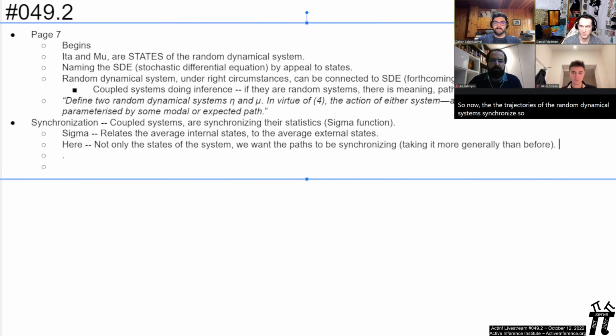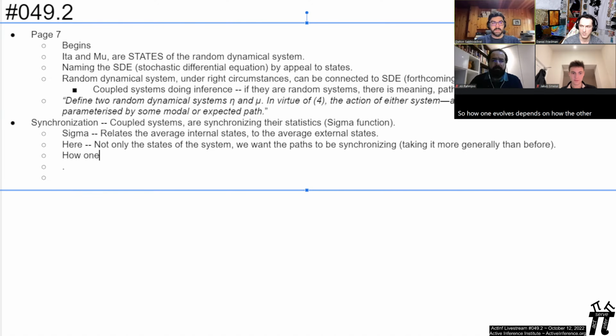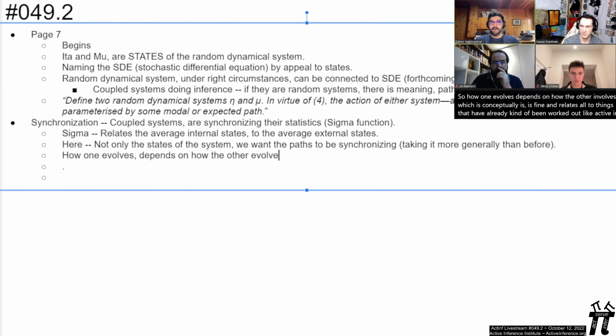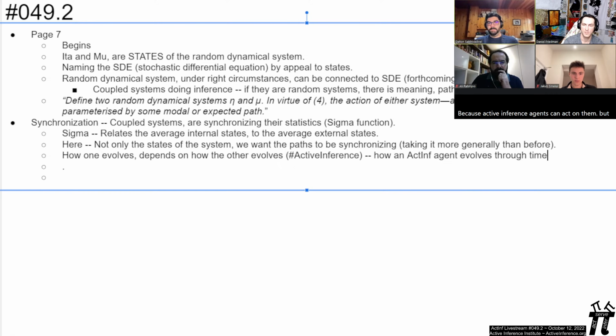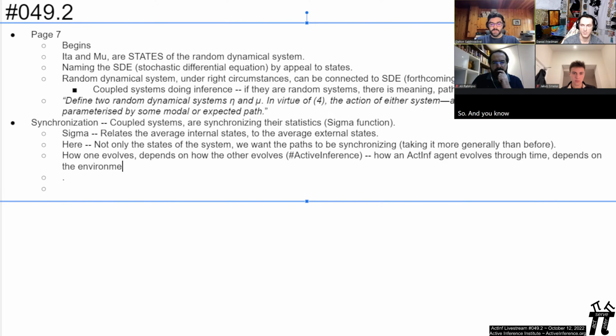So how one evolves depends on how the other evolves, which conceptually is fine, and relates to things that have already been worked out, like active inference. How an active inference agent evolves through time depends on how its environment evolves through time, and vice versa, because active inference agents can act on their environment and change it. Control systems more generally are things that fit into this trajectory-based formalism.